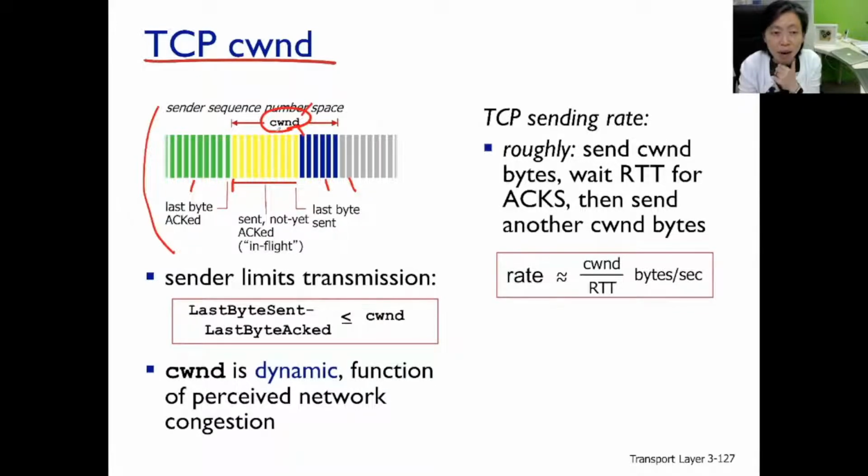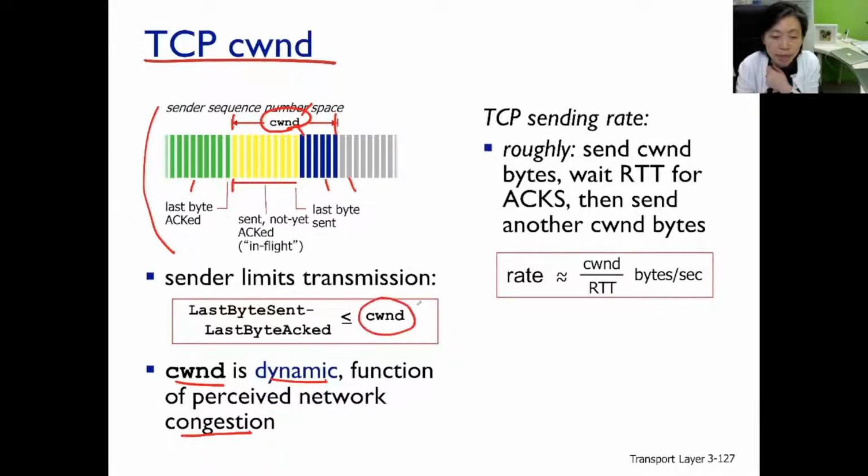We are now calling it the congestion window size, because CWND is dynamic. It can be large or small. It's no longer a fixed size. How large it is depends on how smooth the network is. How small it is depends on how badly the network is congested.